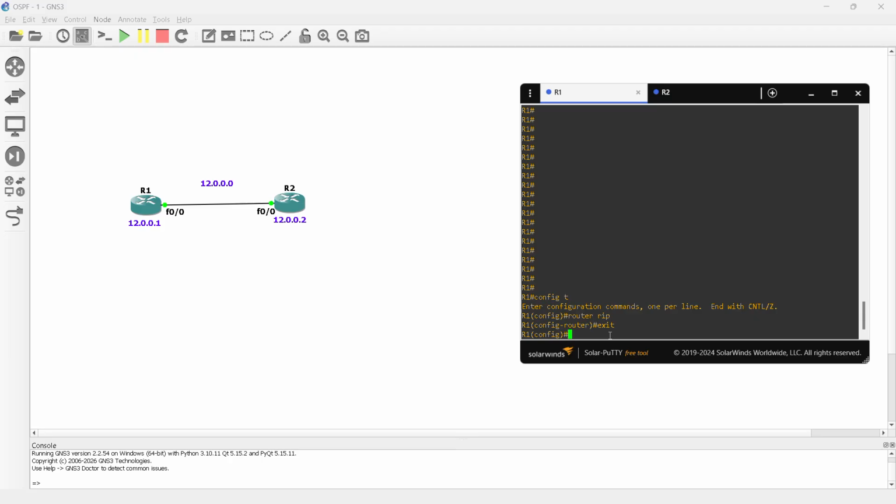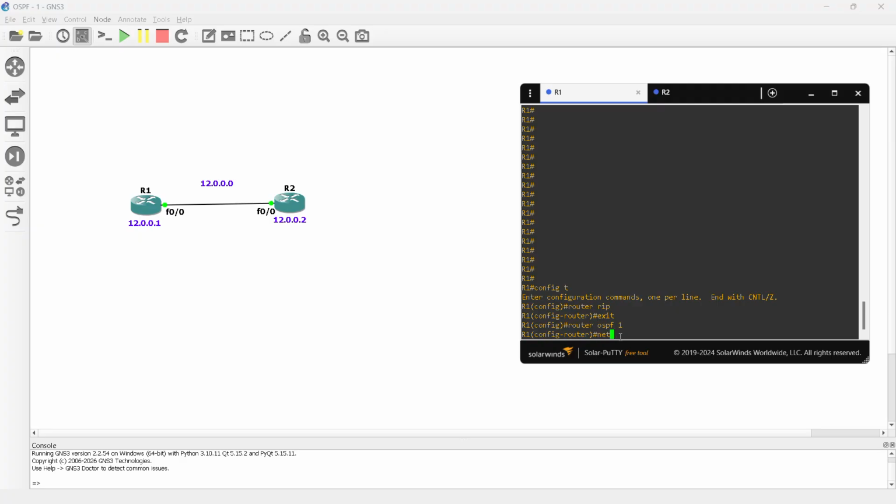The command for OSPF is router ospf along with the process ID. As you can see, it gives me the same prompt of router configuration mode, but doesn't tell me which protocol they are using.